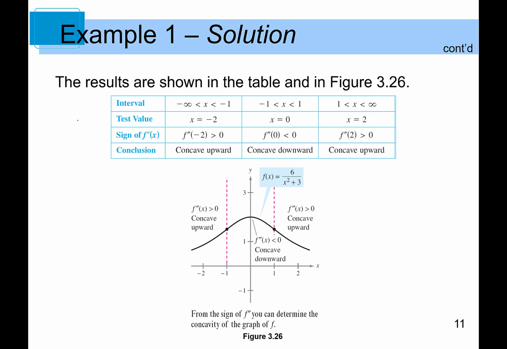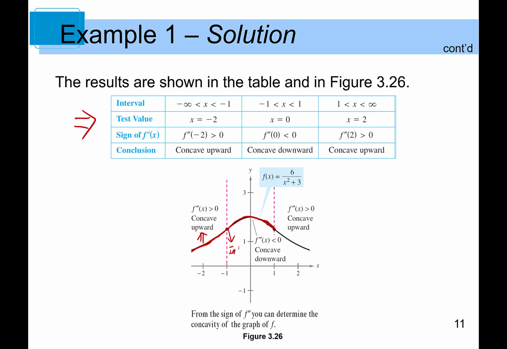As you can see, this table is a summary of what we just did, and the result is consistent with our analysis. From negative infinity to -1, it's concaving upward. From -1 to 1, it's concaving downward. From concaving upward to concaving downward, this is the inflection point.